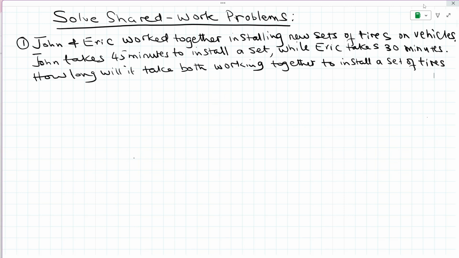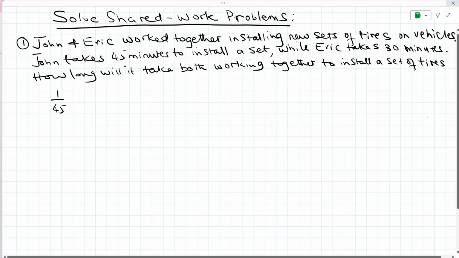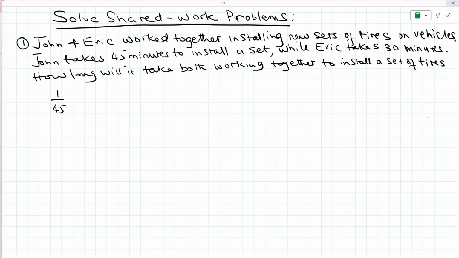All right. Now, we know that John takes 45 minutes. So we use a special equation, and that is 1 over 45 minutes. In other words, we take a unit of the time John takes, which is 1 out of 45.